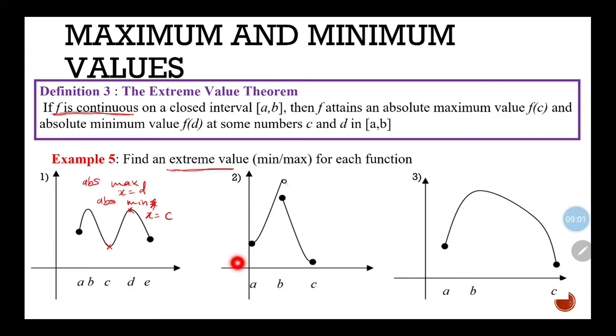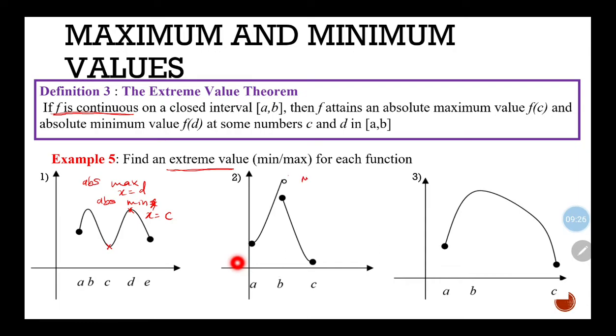Now looking at function 2, which one do you think is the absolute maximum? Is it here? No, this function cannot be termed, we cannot find absolute maximum or absolute minimum value in this function because this function is not continuous. It is breaking at point B, right?